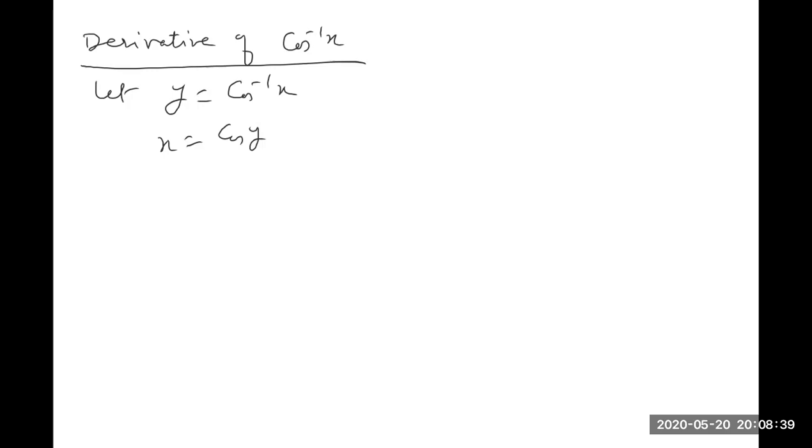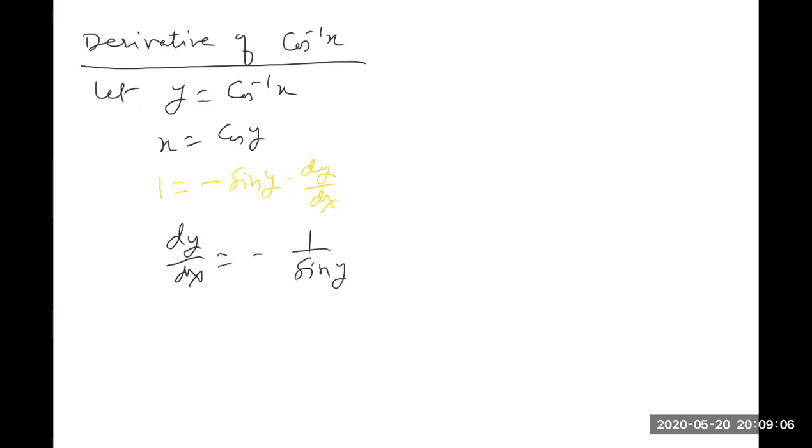So dy upon dx, 1 is equal to, what is the derivative of cos y? Minus sin y into dy upon dx. So from here we will get dy upon dx is equal to minus 1 upon sin y.